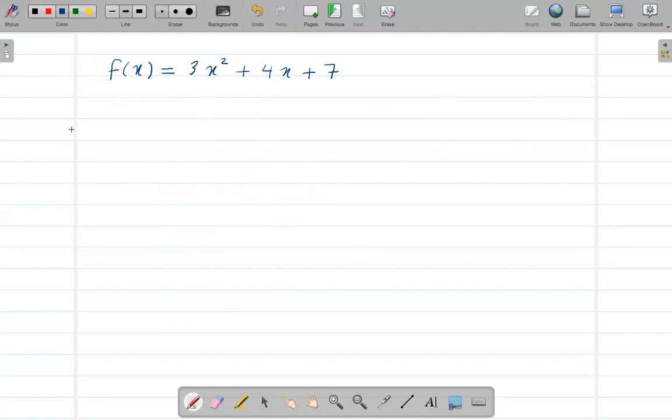Now a problem is asking you to get the instantaneous velocity function, which is also called v, right? The instantaneous velocity function is also called v.